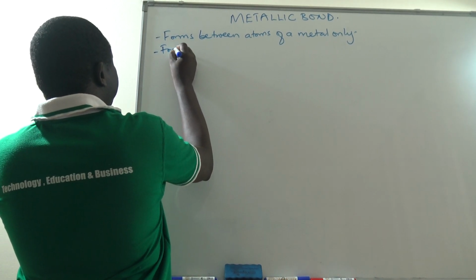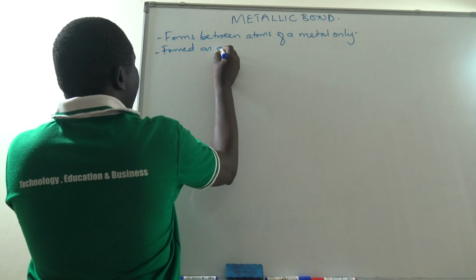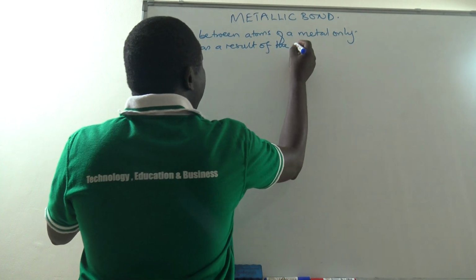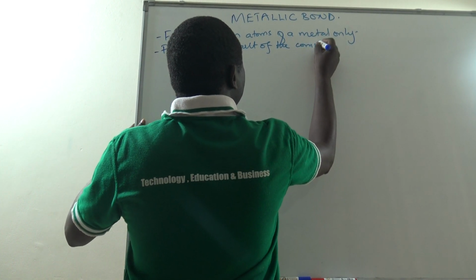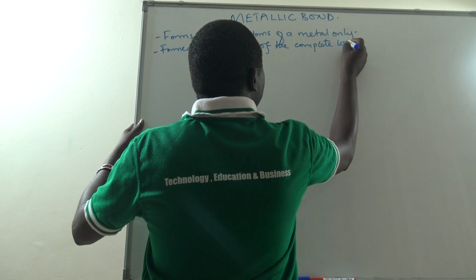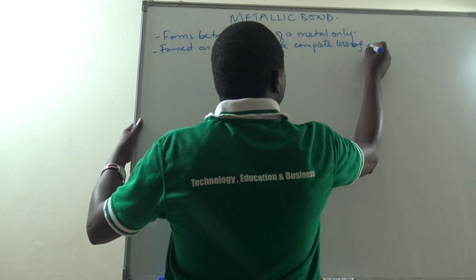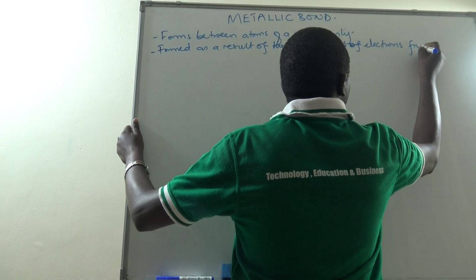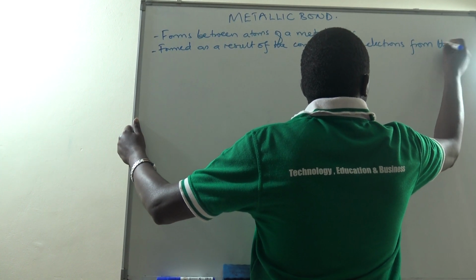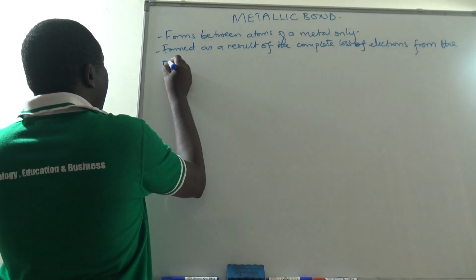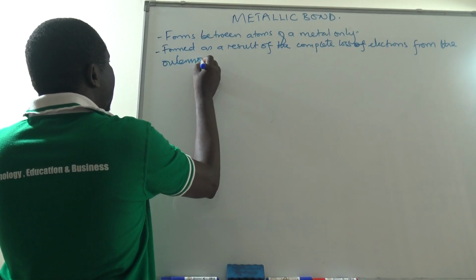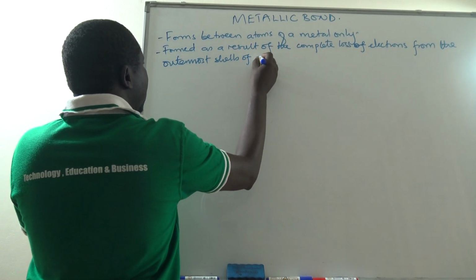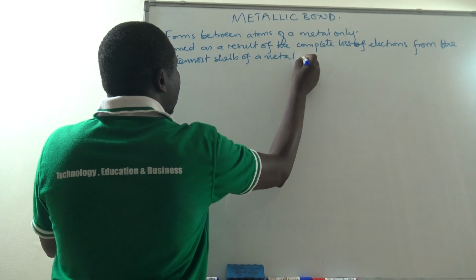It is formed as a result of the complete loss of electrons from the outermost shells of a metal atom.